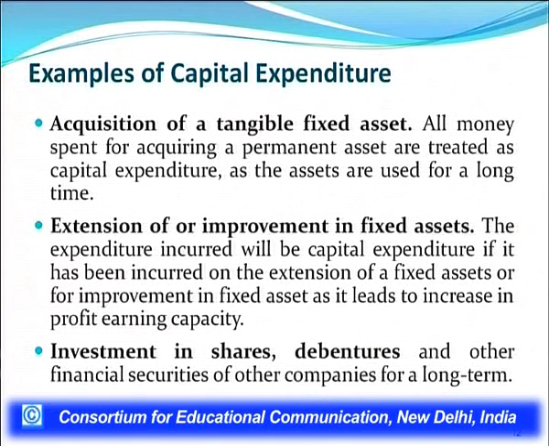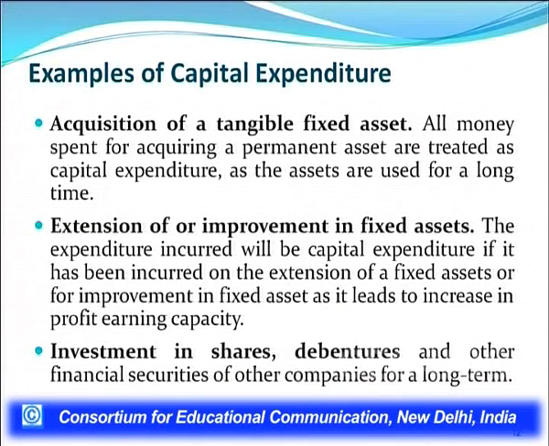But it is not always necessary that the asset is purchased from others. It may also be created by the firm itself. When the firm is constructing a building for its factory or an office, then it is also the amount incurred on creation of tangible fixed assets.